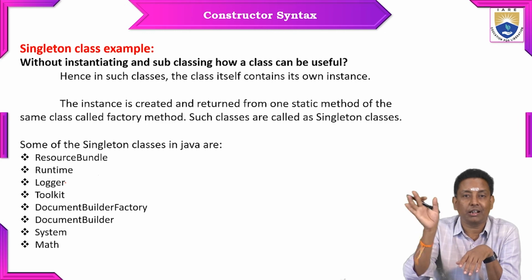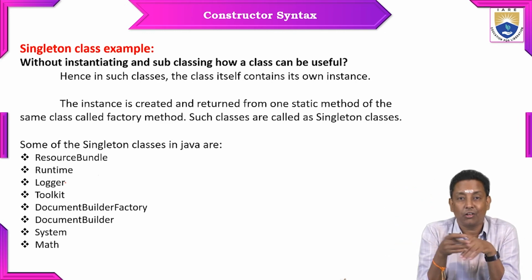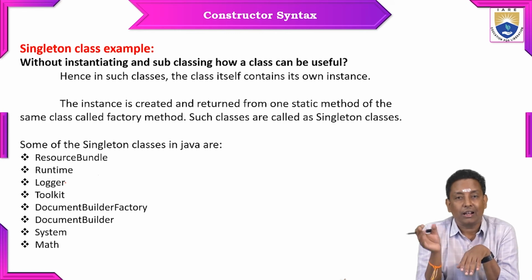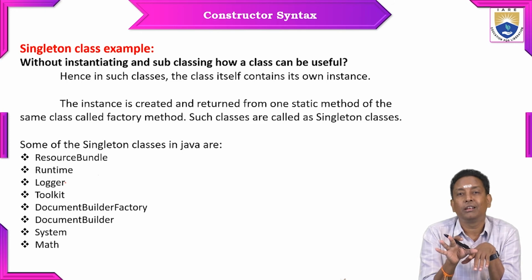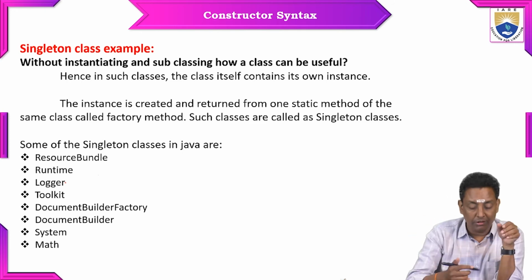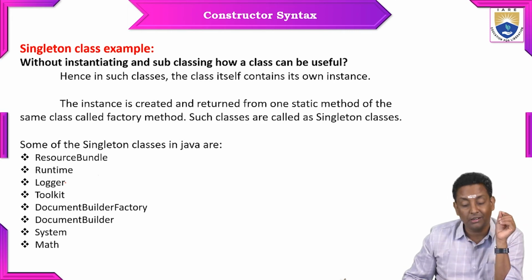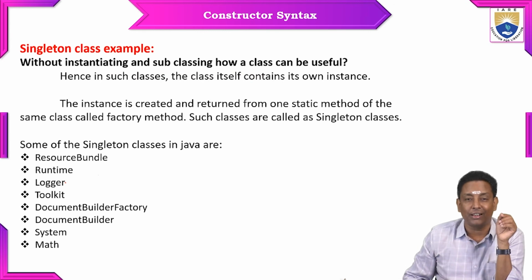In such classes also, the constructor is declared as private. Not only singleton classes, but classes which contain only static variables and static methods also contain a private constructor. So that is the explanation on all these singleton classes. This entire singleton class explanation came from the private constructor.